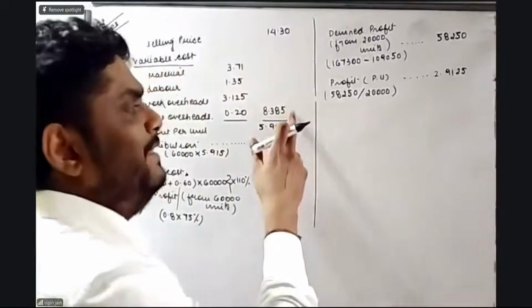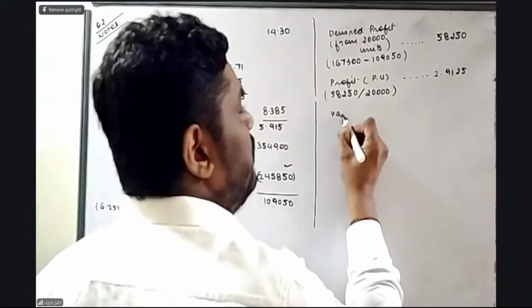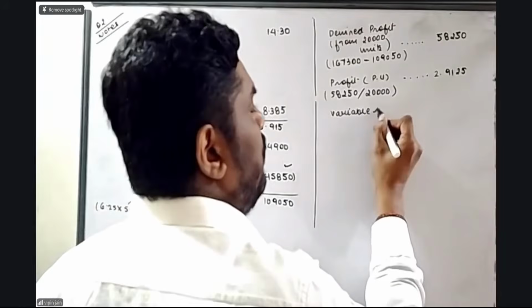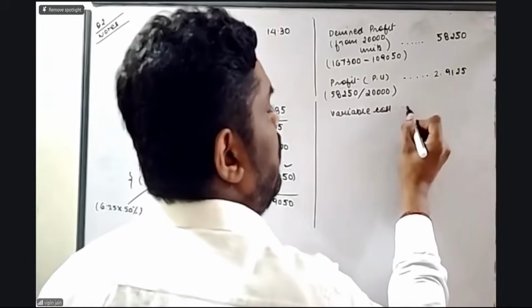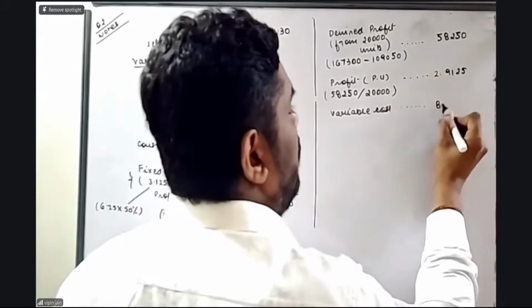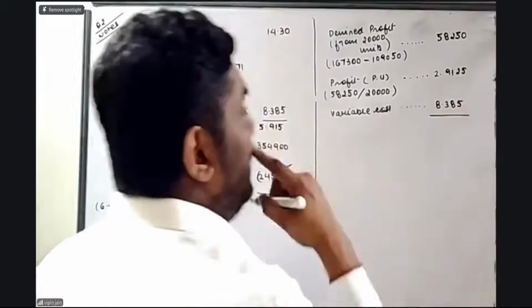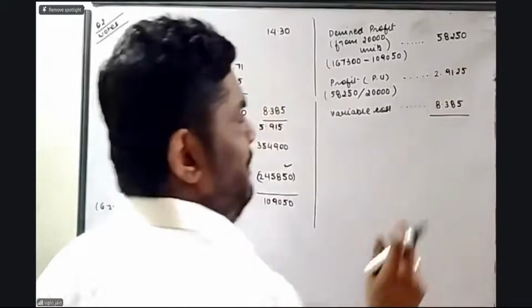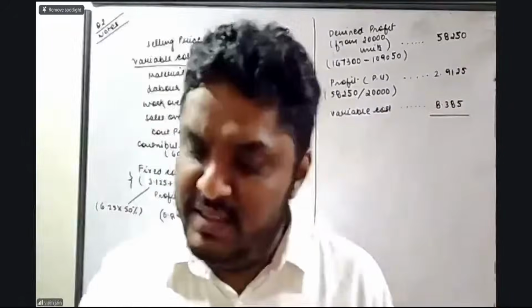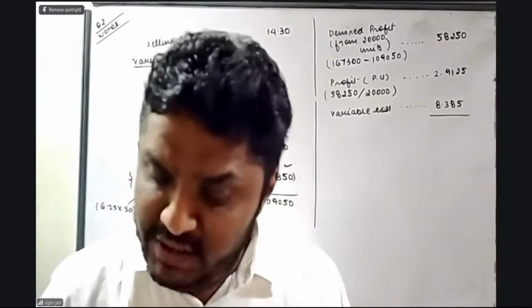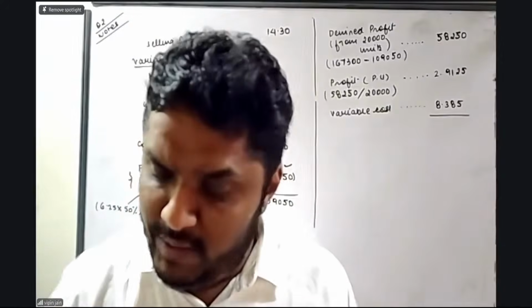Only 8.385 per piece. So my cost to manufacture is 8.385 and my profit expectation is 2.9125.